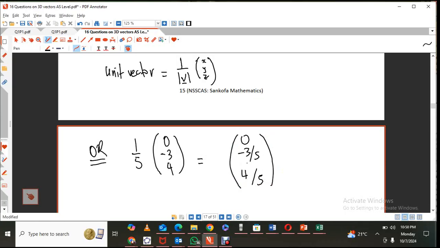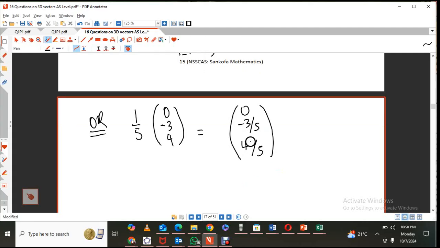And you can go ahead and check that this will give you a unit vector if you were to take those components and find the magnitude of them. Under the square root, you're going to get a magnitude of 1. So I have now effectively a unit vector.